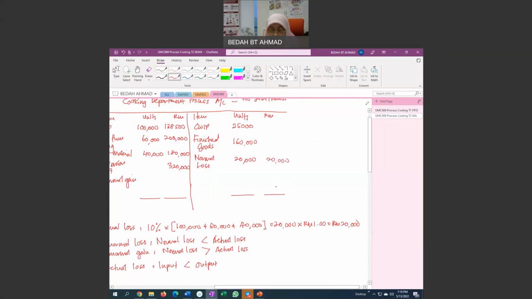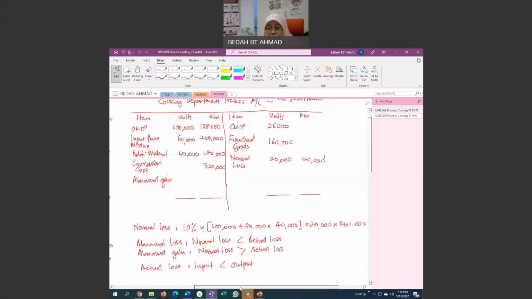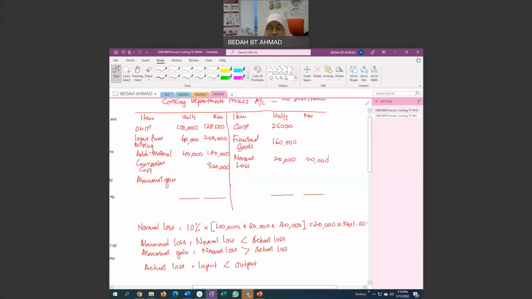The rest of the information we need to get by preparing the statements. You can see here the balance of units between the debit and credit side. Here is 100,000 opening plus the input from mixing 60,000 and additional material 40,000, so altogether it is 200,000. But on the credit side, it is 180,000 plus the 25,000 closing work in progress, which is 205,000. So the credit side is more than the debit side and it is not balanced.